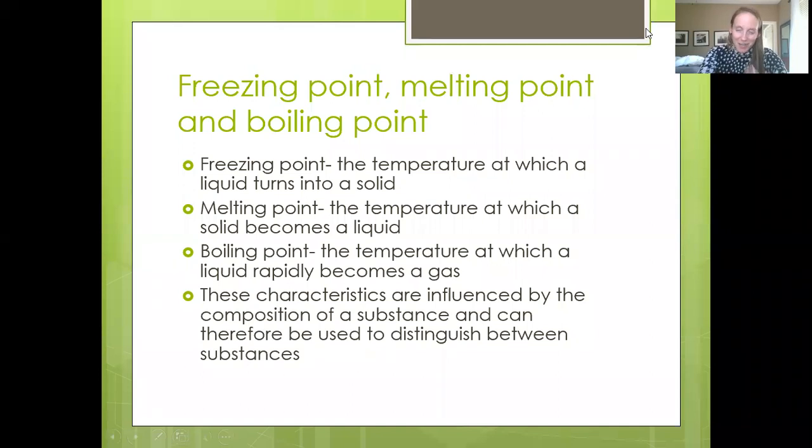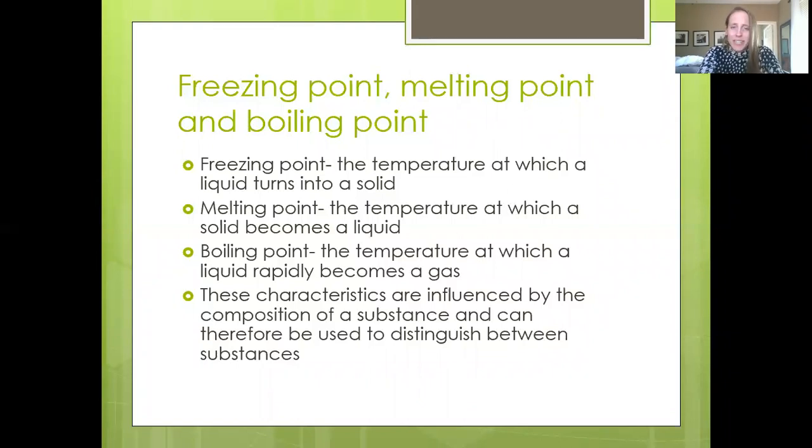Okay, the last thing that I wanted to talk about is freezing point, melting point, and boiling point. All three of these are also characteristic physical properties, meaning, again, that they are unique to every pure substance. So if I know the freezing point of a pure substance, I can figure out what that pure substance is, because it will be the only pure substance with that exact freezing point, or melting point, or boiling point.